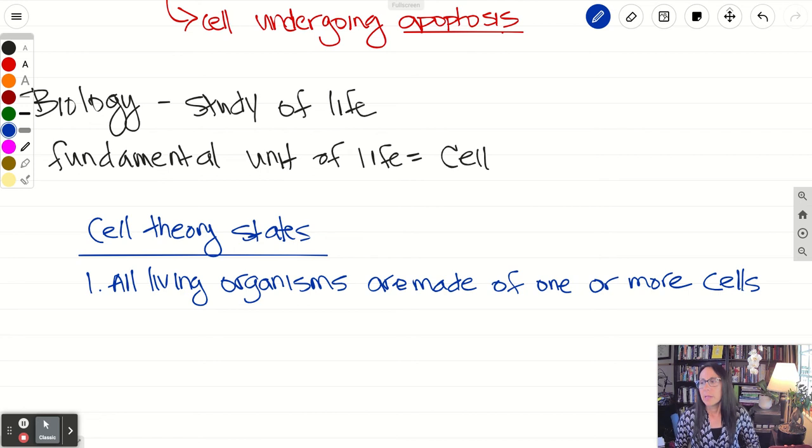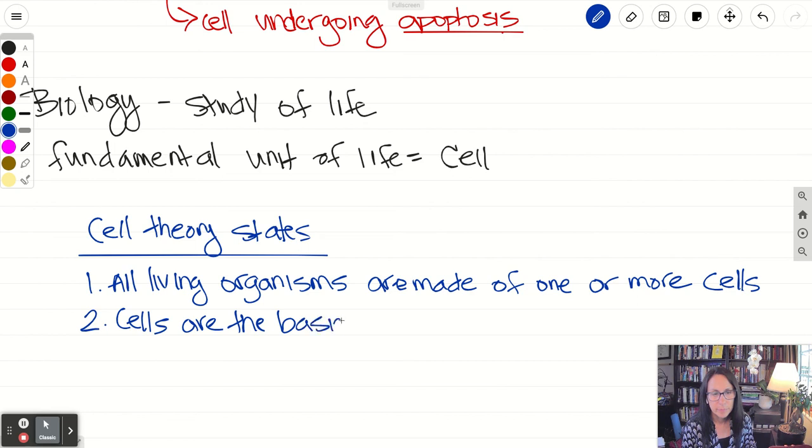Okay, so number two is that cells are the basic unit of structure and function. So let's write this down. Cells are the basic units of structure and function of living organisms.